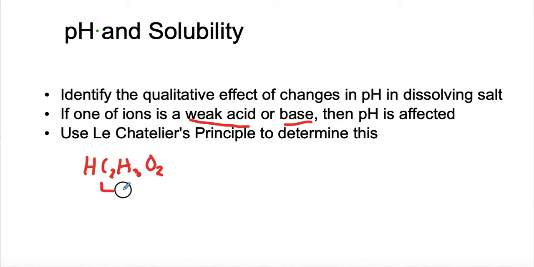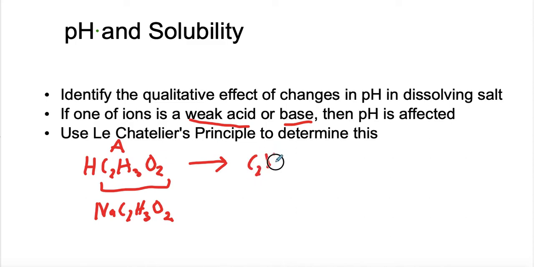The ion right here, acetate, let's say that we put sodium acetate into the solution. Well, this is your acid right here, but it has a conjugate base, which is C2H3O2 minus.